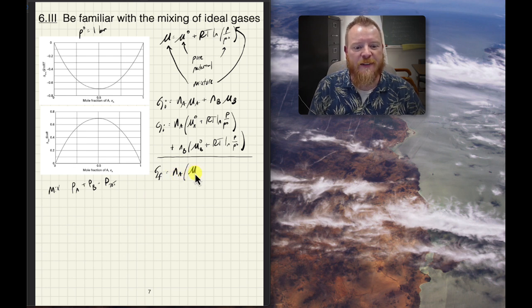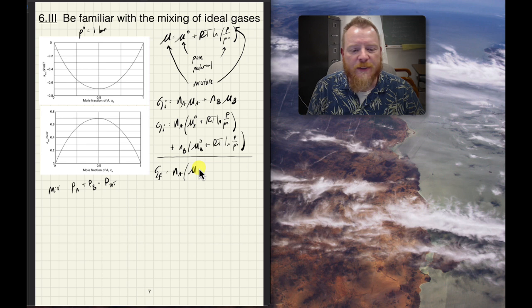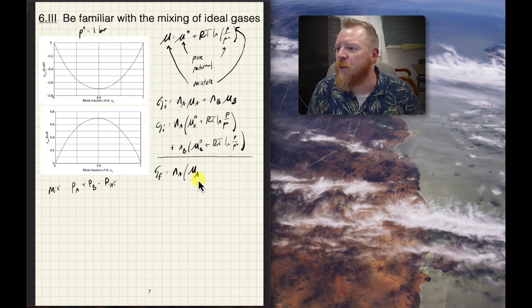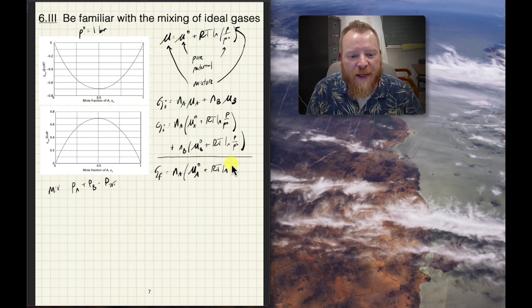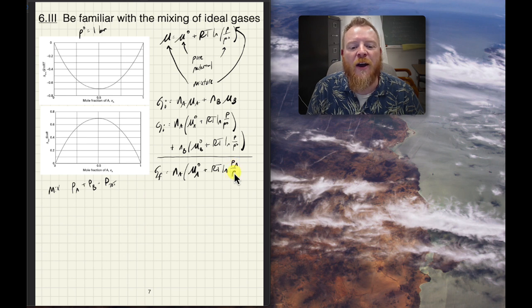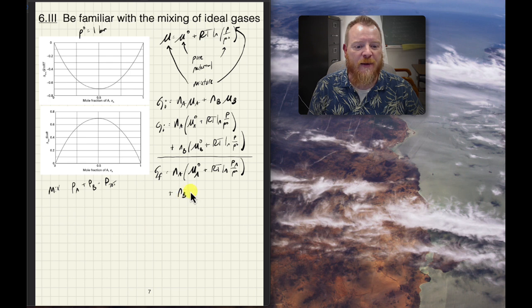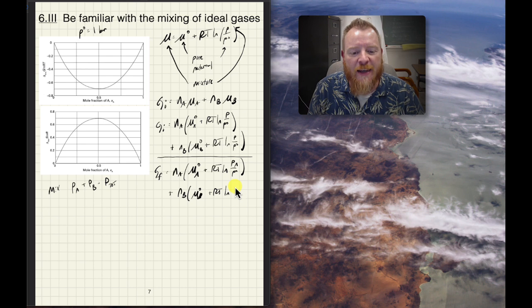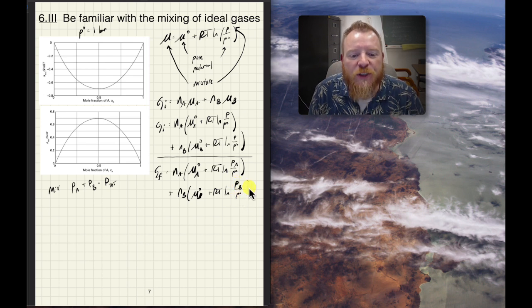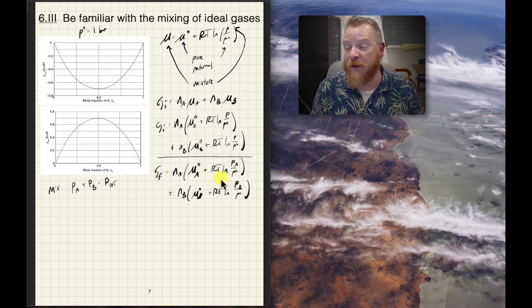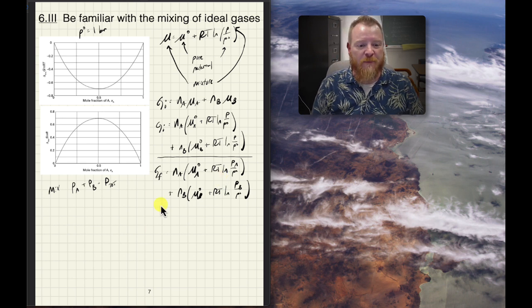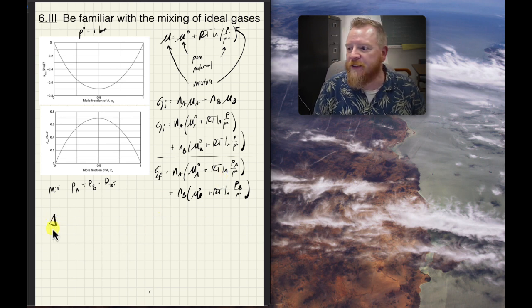That's going to be Na times mu A standard, and there's a really subtle change here: that's now going to become RT, and it's now the partial pressure of A over some standard pressure, and now that's NB times its expression plus RT, and now that's the partial pressure of B.